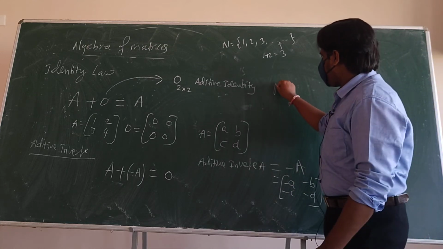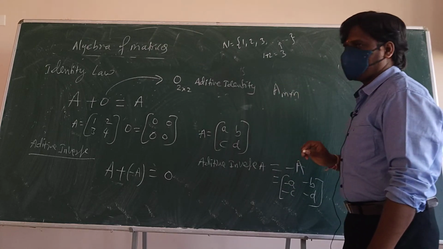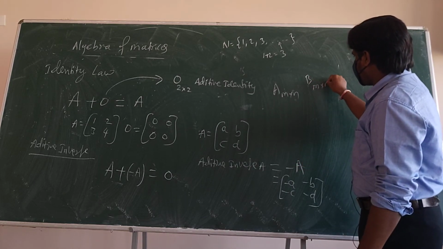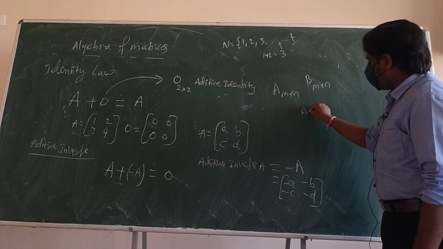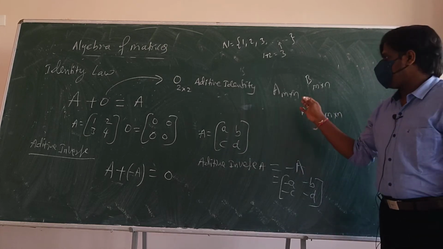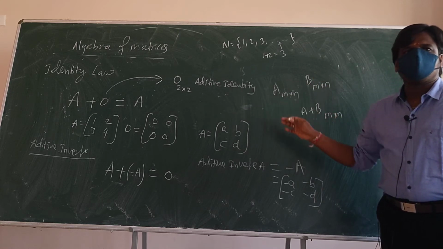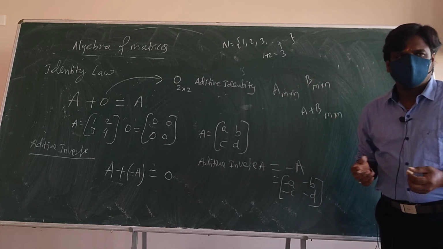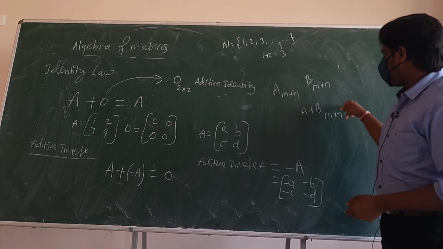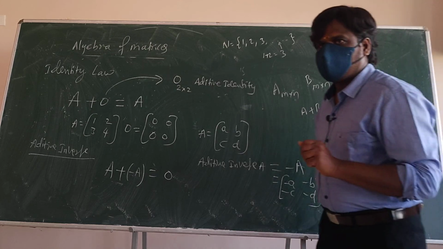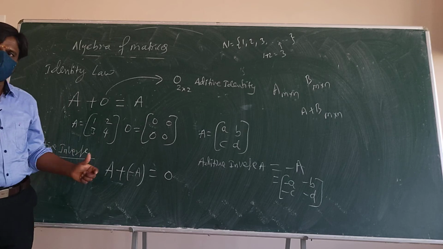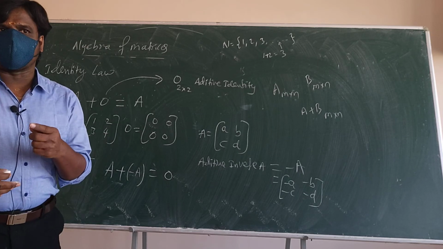Suppose A is an m by n matrix, B is also an m by n matrix, and A plus B is also an m by n matrix. If this is so, then we can say it is a closure property. See, this is m by n and again m by n, right? So it is closure property. Now here identity, additive inverse, everything is over. I will explain extra.